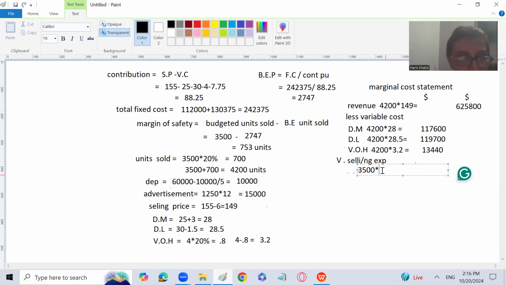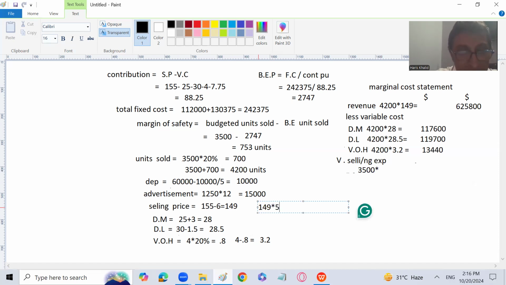So 3,500 into 5% of sales commission, which is 5% of the selling price. Variable selling expense. Sir, shouldn't we multiply by 7.75? No. Why, sir? Because 7.75 is the variable selling expense at 5% when the selling price was 155. Now the selling price is 149.